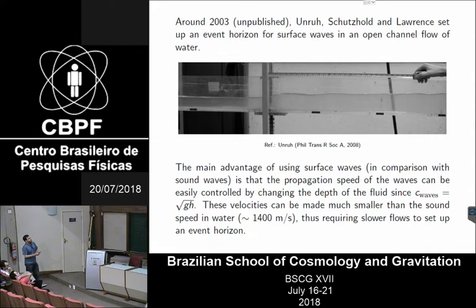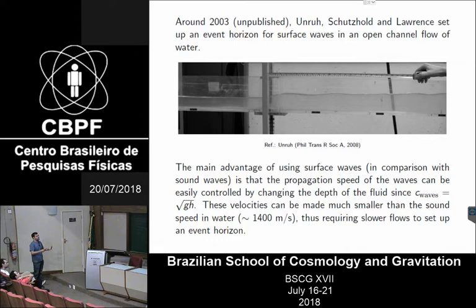And people have studied these surface waves for more than a century in fluid dynamics, and they actually have known this kind of analog black holes for a long time, even though they don't refer to them as this.